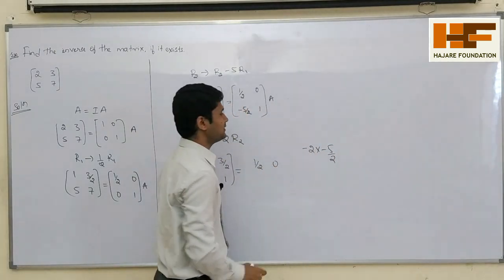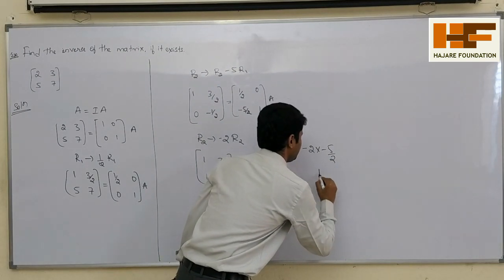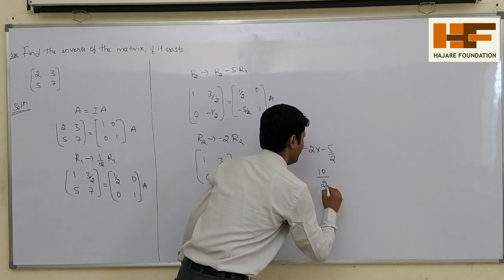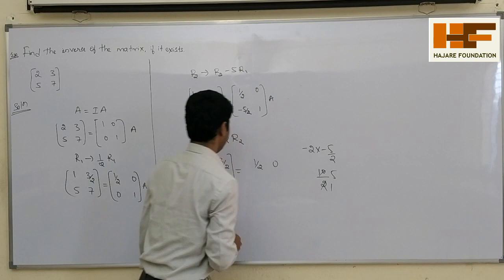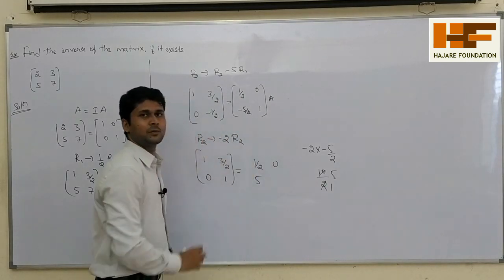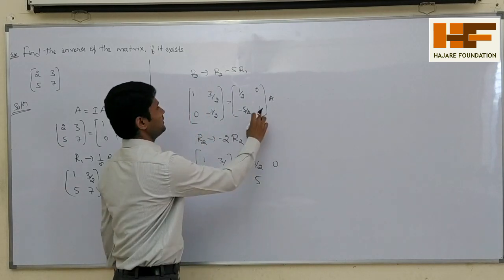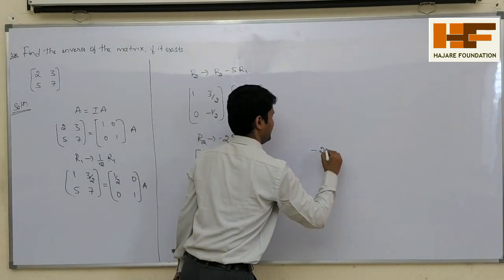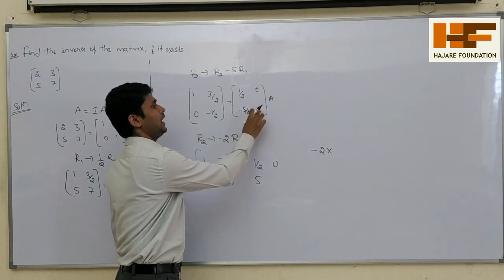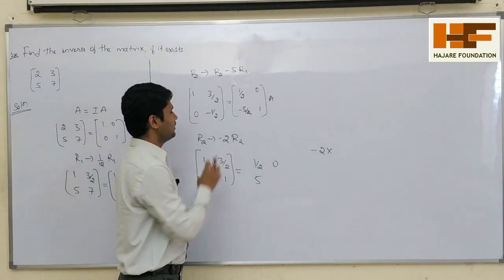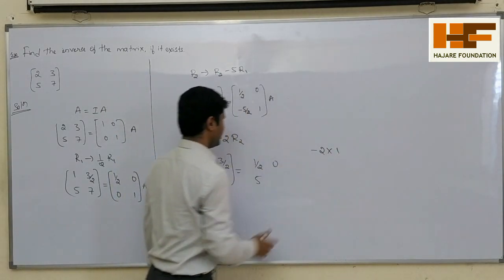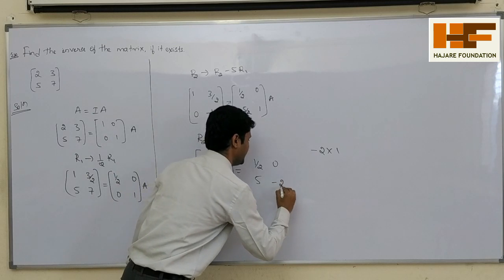Minus minus becomes a plus. 10 by 2, 2 fives are 10, the answer is 5. Next, what is minus 2 into R2? What is the corresponding R2 element? 1. Simplify the term, minus 2.